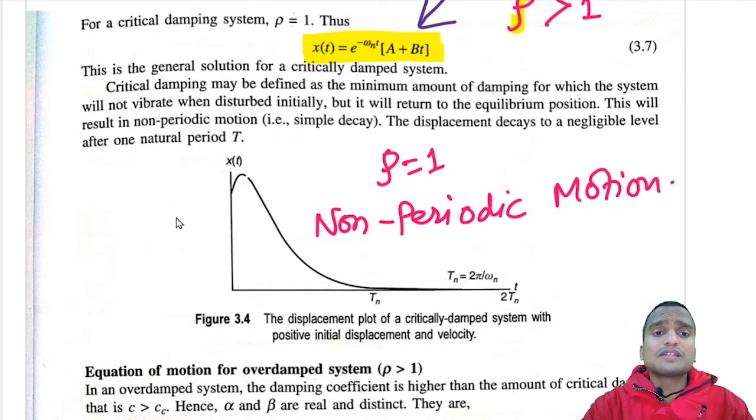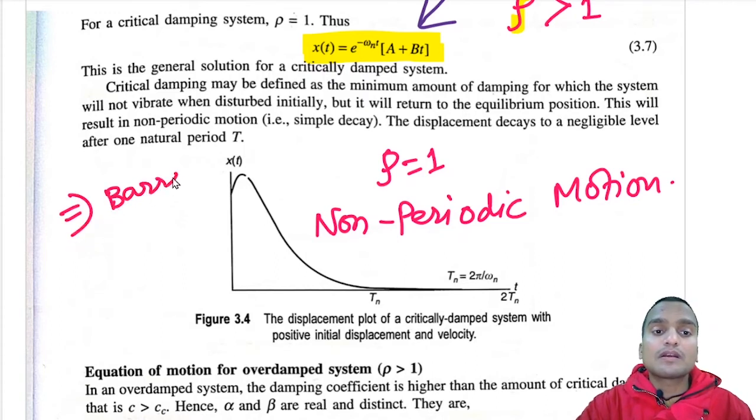So this will result in non-periodic motion, and the displacement decays to a negligible level after one natural period of time. Now the example of critical damping and over damping system in which there is no oscillation or periodic motion, there is simply decaying, can be the barrel of the rifle.